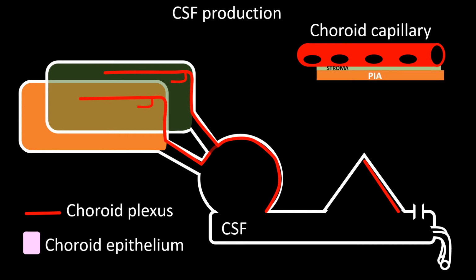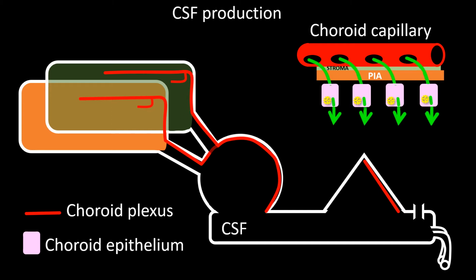The plasma ultrafiltrate goes through the stroma and the pia to be taken up by the choroid plexus epithelium. The choroidal epithelial cell has a machinery that processes the plasma ultrafiltrate, which is after processing released to the CSF.